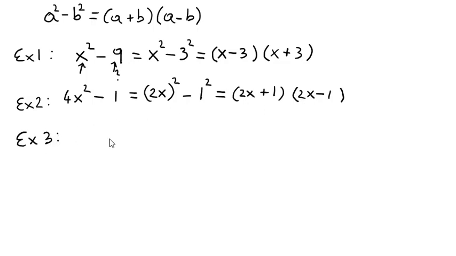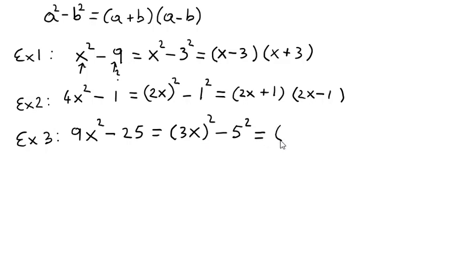Example 3. What if we have, let's say, 9x squared minus 25? Again, we have to first see if both of those terms are squares. I see the first one I can write as 3x squared, and the second one I can write as 5 squared.